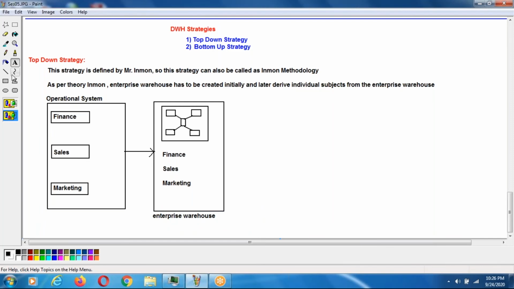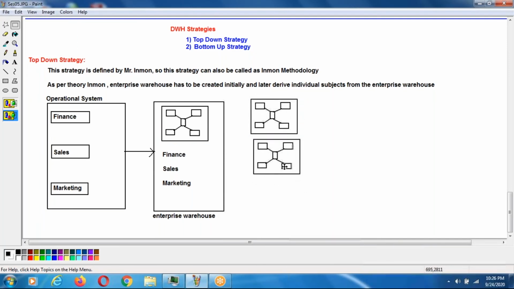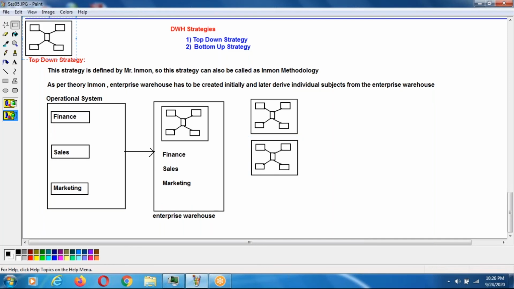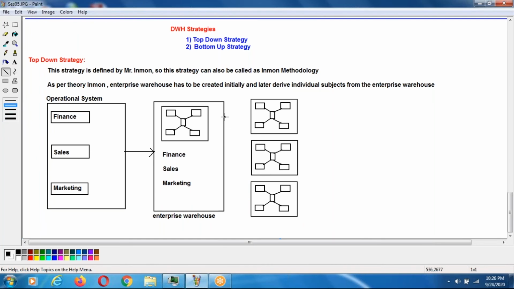But after that, he is asking to create individual subjects. That means you are separating the data.